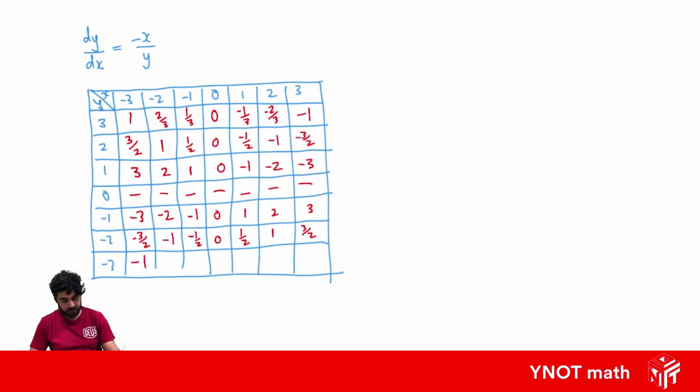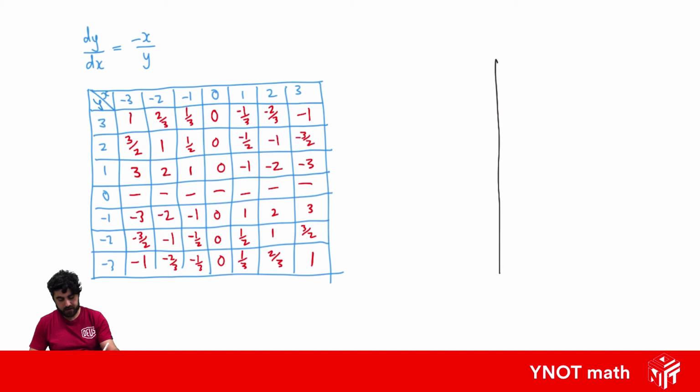Then -1, -2/3, -1/3, 0, 1/3, 2/3, and 1. So we just got all those from subbing in all the corresponding values for x and y. And this is going to let us draw our directional field.